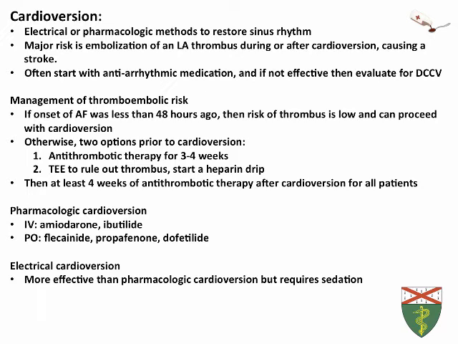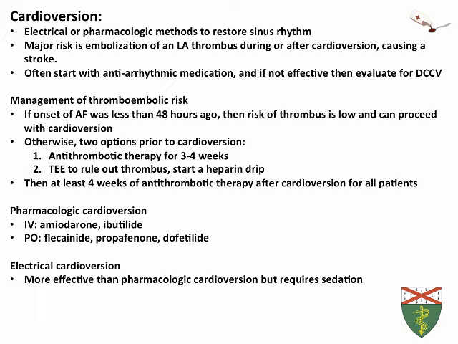Management of the thromboembolic risk has a couple different options. If the onset of AF was less than 48 hours ago, then the risk of thrombus is considered to be low, and one can proceed directly with cardioversion. Otherwise, you have two options for minimizing their risk of embolization.